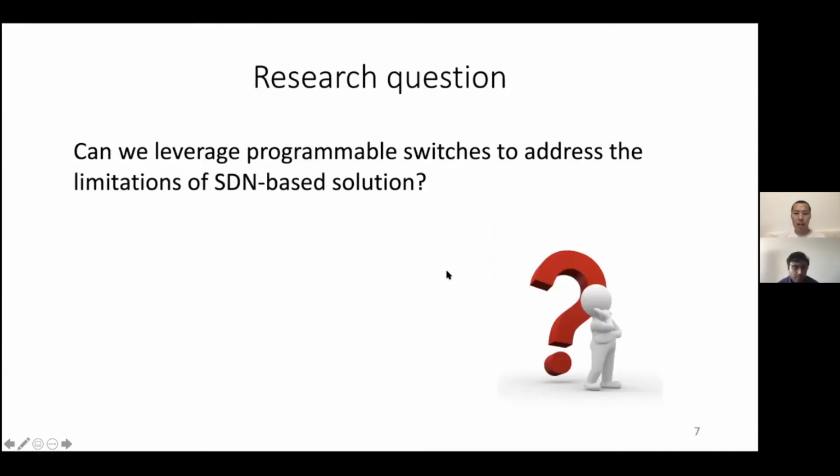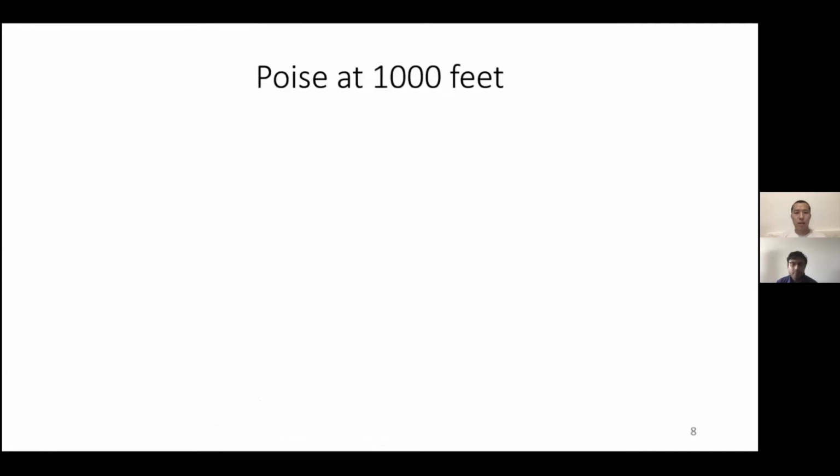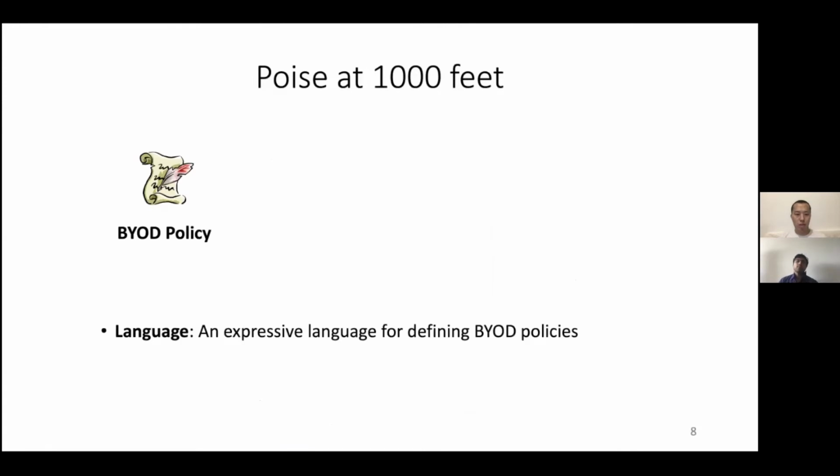So we ask this question: how can we leverage a P4 switch to address the limitations of the SDN-based solution we just talked about? To answer this question, we designed a system called Poise. Poise defines a language for network operators to express BYOD policies.